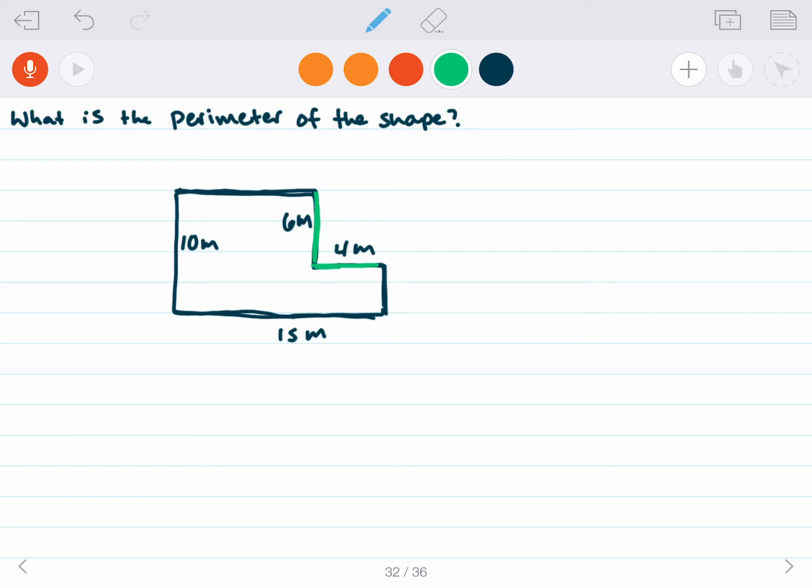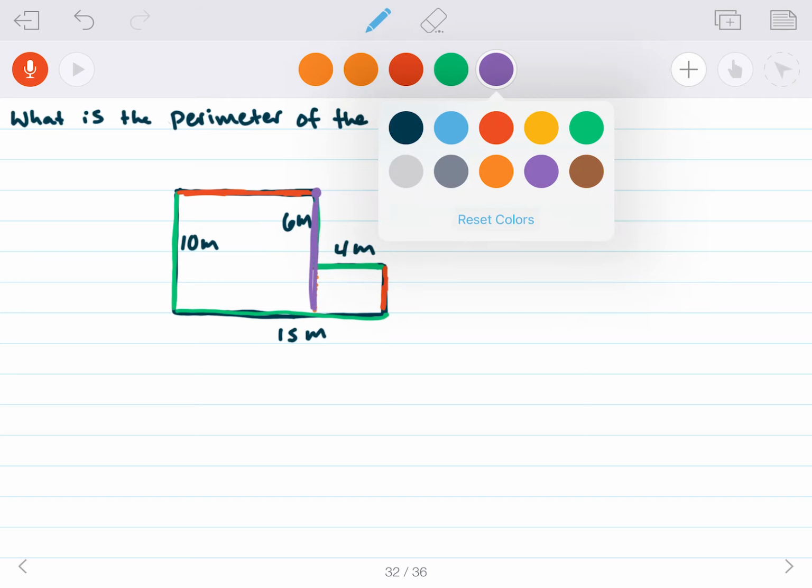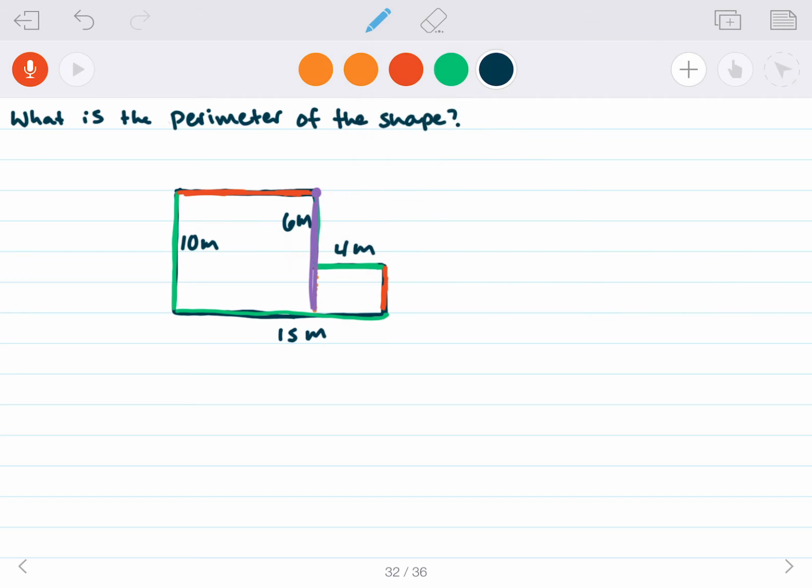Well, I know from directly across that this purple section, from all the way to the top to all the way to the bottom, this whole thing, let me make it a little bit more clear. This whole thing is going to be 10. Okay. So from the very top to the very bottom is 10.